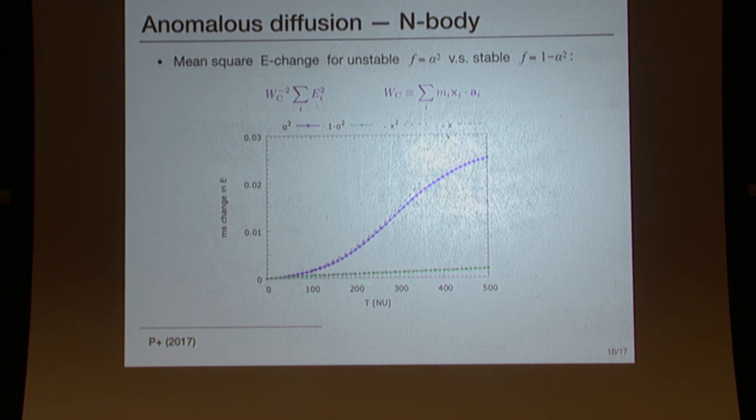And here, this green line shows the same quantity for the stable model.